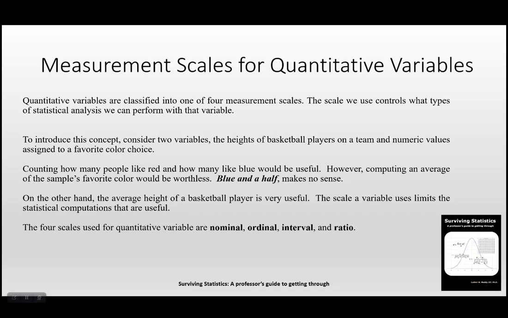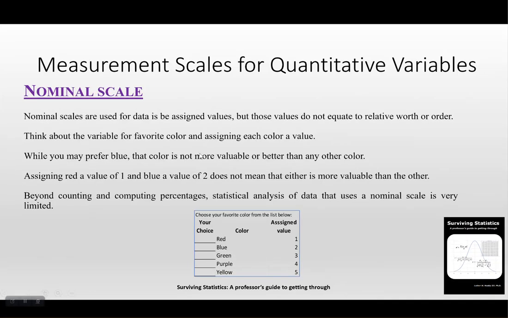Counting how many people like red would be okay, but as I mentioned before, trying to take an average of their favorite color would make no sense whatsoever. On the other hand, the average height of a basketball team would be very, very helpful. So the 4 scales that we're going to be discussing are nominal, ordinal, interval, and ratio.